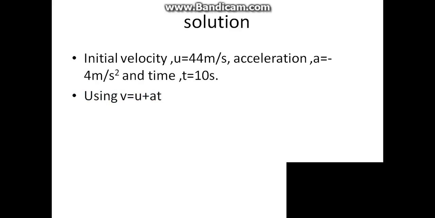Using v equals to u plus at, the first equation of motion, and substituting the values, we have that the final velocity v is equals to 44 plus minus 4 times 10, which will now give us 44 minus 40, which is 4 meters per second.